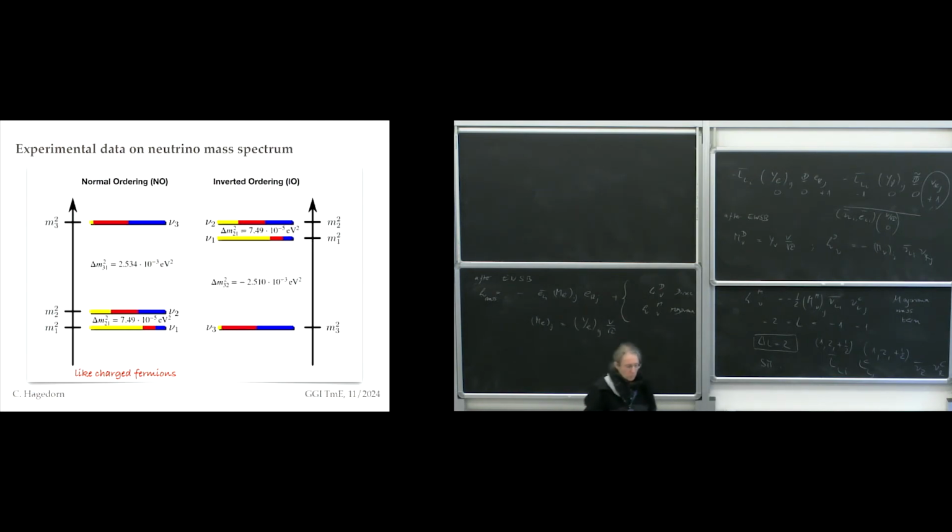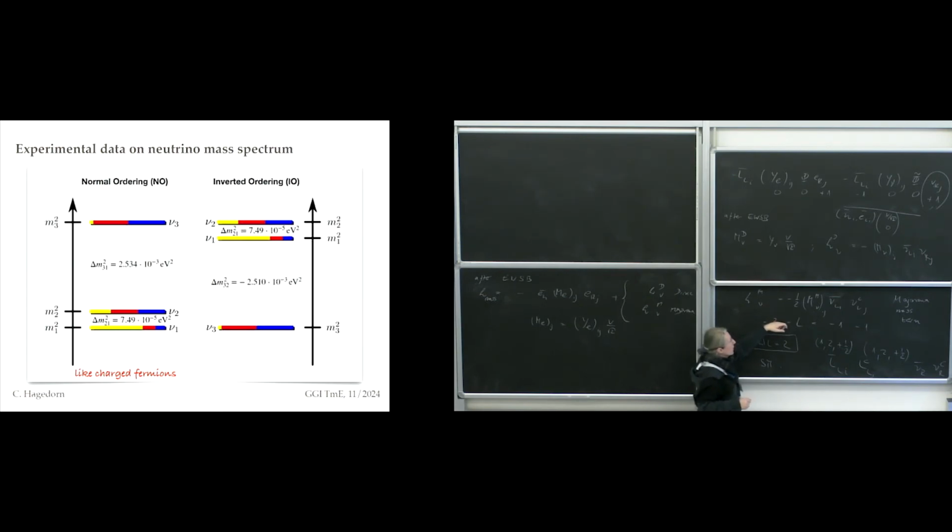Going to the mass basis means you take this as an arbitrary complex 3 by 3 matrix. How do you diagonalize it? You can diagonalize it with the help of two unitary transformations. For the Dirac case, you have two different matrices at your disposal, because we have nu L and nu R, so you do exactly the same as for charged leptons.